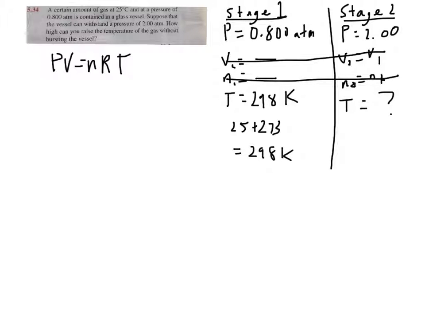And so the question is, how do we approach this? And the thing is, there are 2 options. Option number 1 is Charles's law, the one that deals with pressure and temperature.